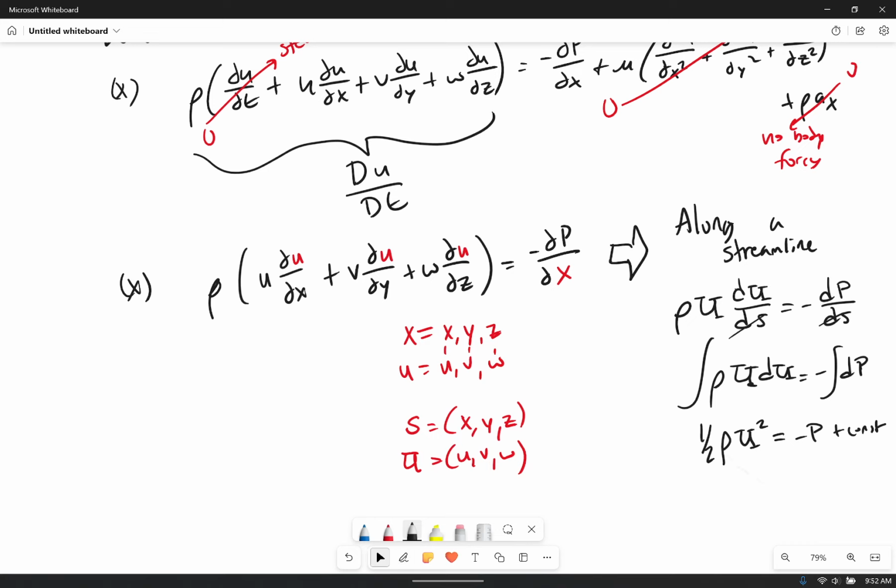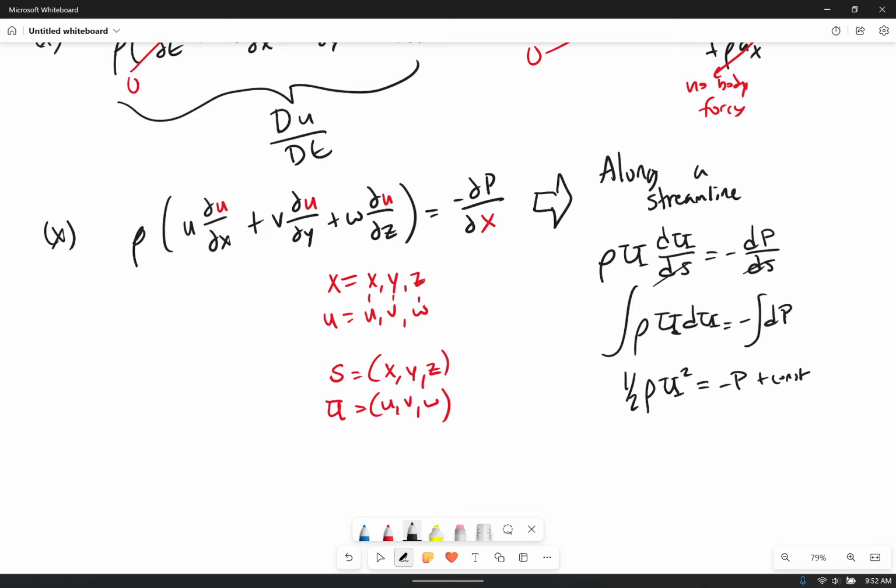Or, since I can put it all on one side, I can then say that my pressure plus 1/2 rho u squared is equal to a constant. And as a note, reminding you, that's along a streamline. So at the beginning, I'm saying it at the end.